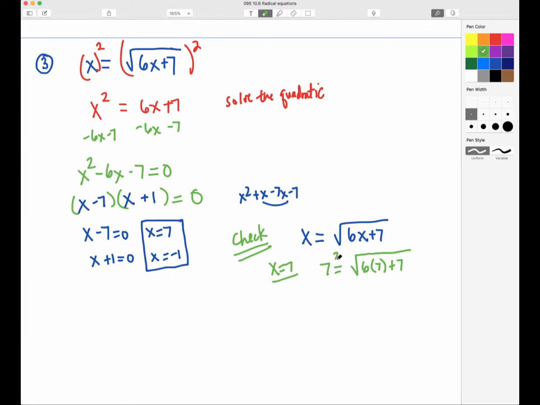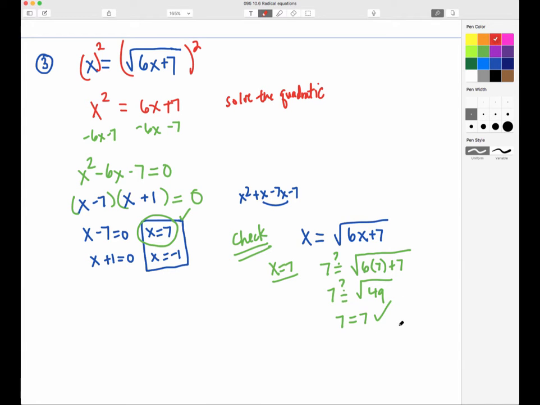So does this make sense? Does 7 equal, let's see, we have 42 plus 7, that's 49. And 7 does equal the square root of 49, which is 7. So there we go, we have an answer. X equals 7 definitely works.